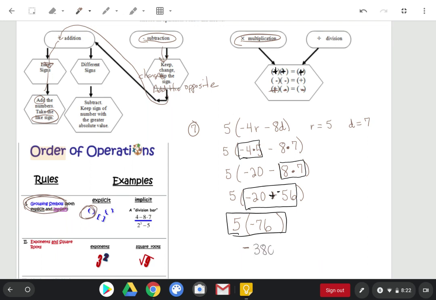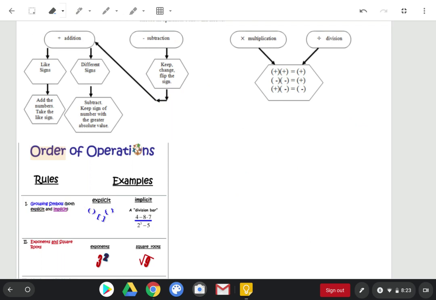So I believe that's correct, but it's a little late and I better check my math because teachers make mistakes too. All righty. That is 380. Yeah, that's it. Okay, one more problem, guys, and then you're on your own, okay?